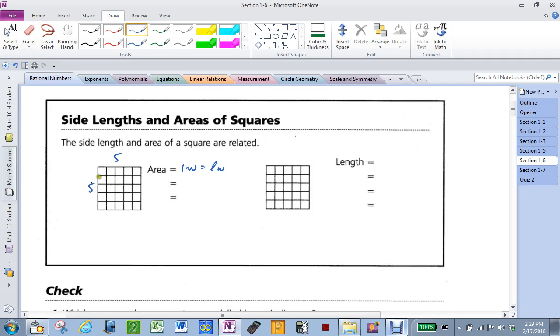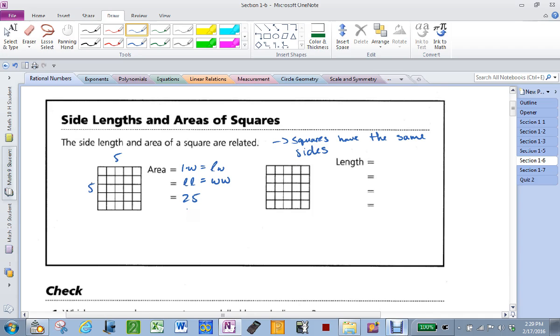But of course, in a square, we know that squares have the same sides. So, L and L is the same as WW. And in this case, it's 25. Cool?